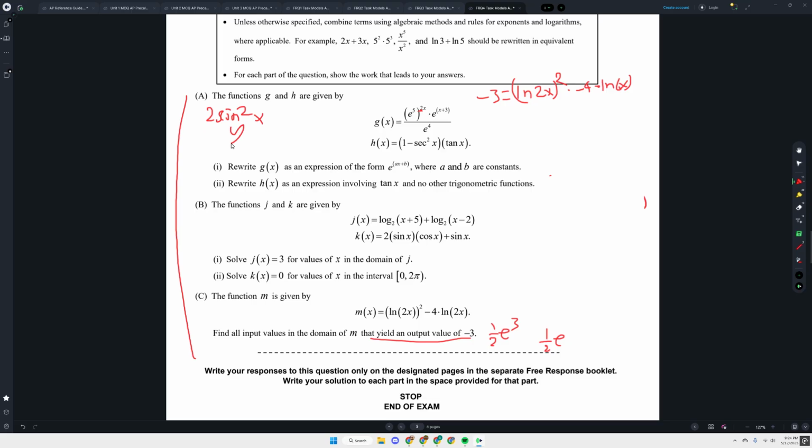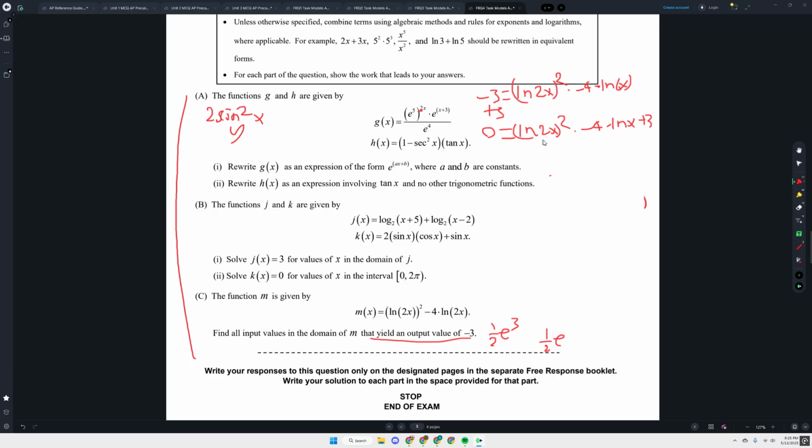We're going to substitute a value. It's called u sub, but we'll call it substitution. First we need to add 3 to the other side, so 0 is equal to ln of 2x squared times -4 times ln of x plus 3.